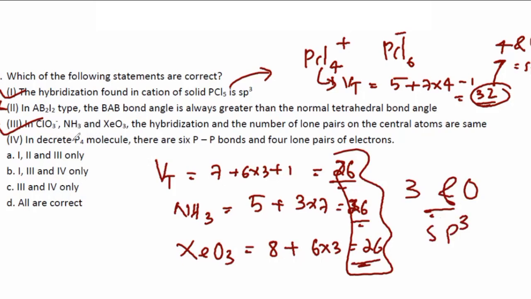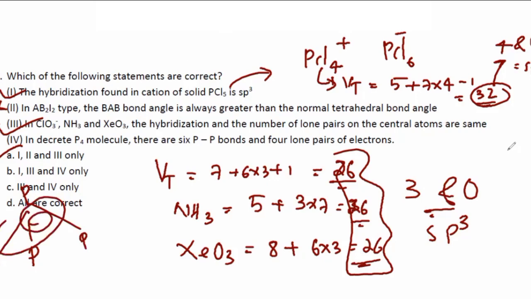In discrete P4 molecules, there are 6 P-P bonds and 4 lone pairs of electrons. Okay, 6 P-P bonds and 4 lone pairs. So the P4 cage-like structure.